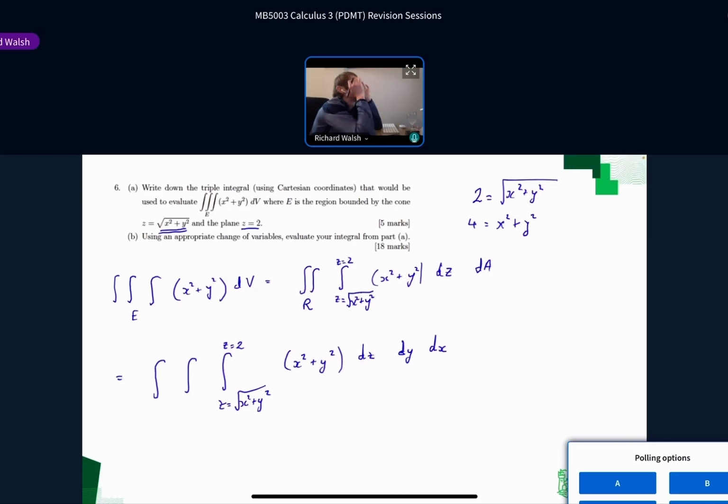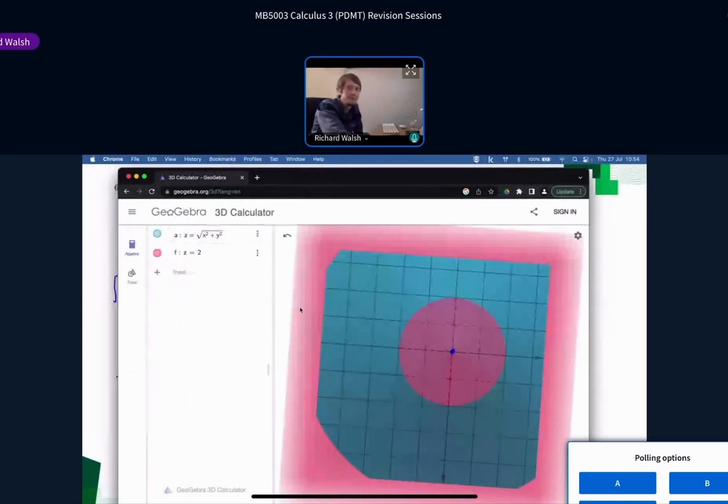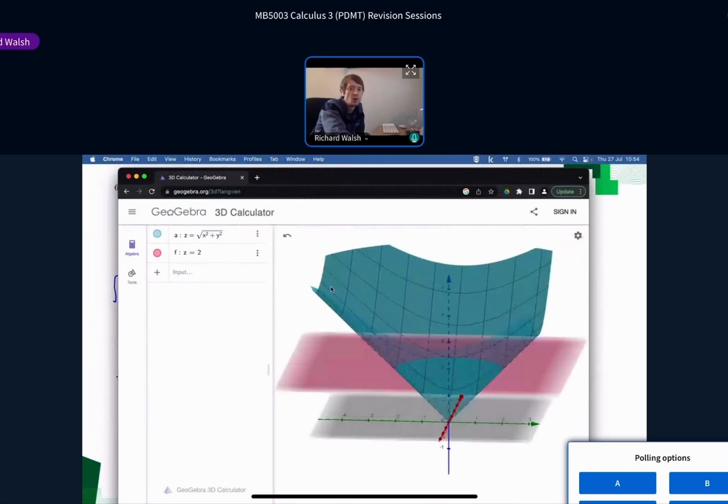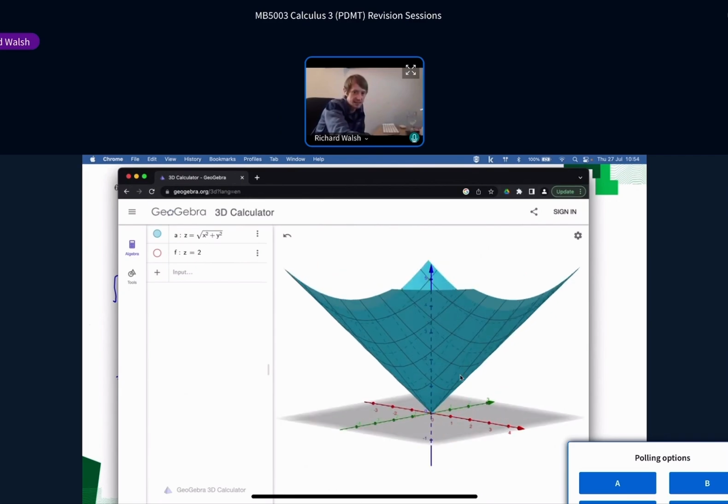Okay, so let's talk through it once more. When we have this set up, the cone is just that cone. Ignore the top of it, it's just being cut off by the graphics. The cone has 0, 0, 0 as a point, because when x is 0 and y is 0, z equals the square root of 0 squared plus 0 squared, which is 0.